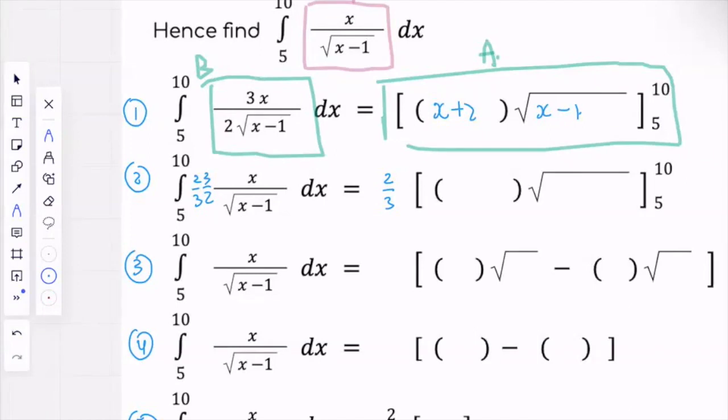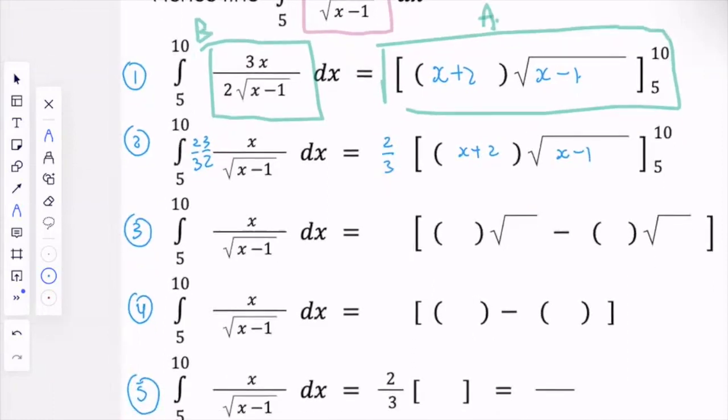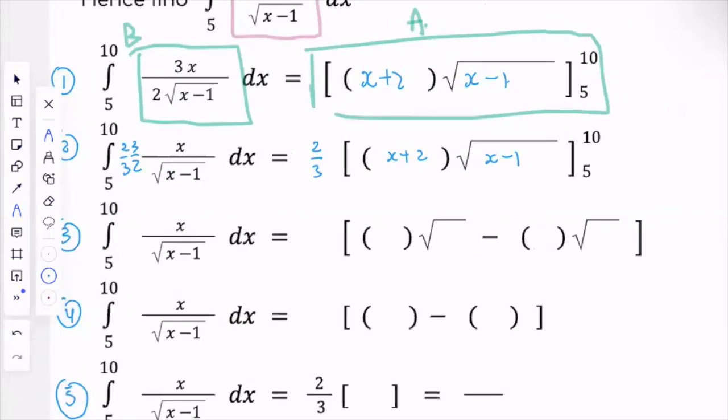Then we just continue, we just do as usual. Integral x plus 2 square root x minus 1. Step 3 is we put the upper limit and lower limit of the integration. 10 plus 2, we start with 10. 10 plus 2 is 12. 10 minus 1 is 9.